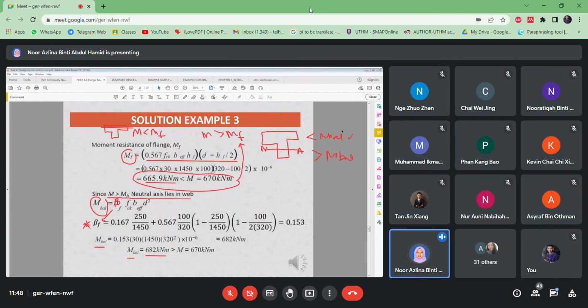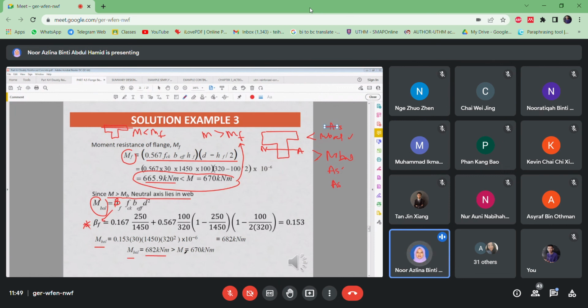So if M is less than M balance, you just need AS. Just AS. But you cannot use the same equation as for singly reinforced rectangular sections. It has its own equation for the AS. If you get M more than M balance, okay, you need to provide AS prime and also AS.